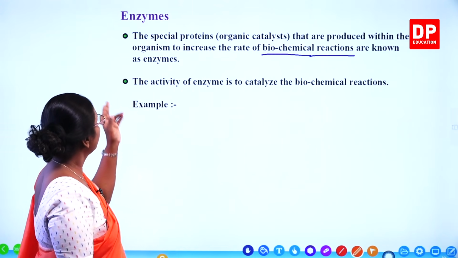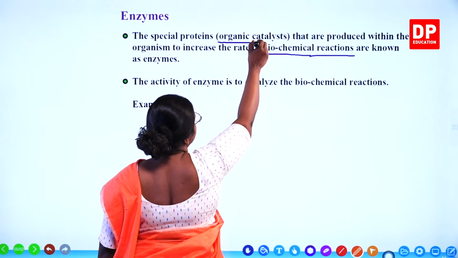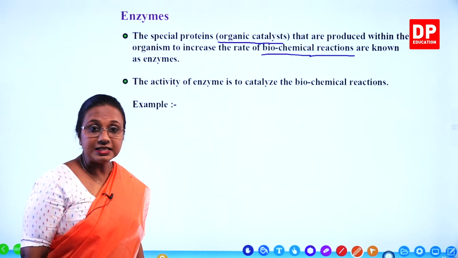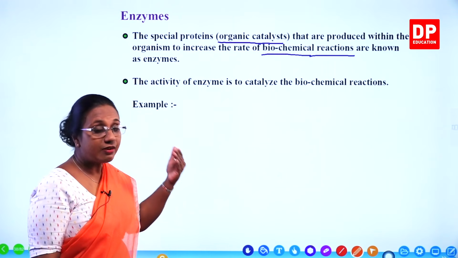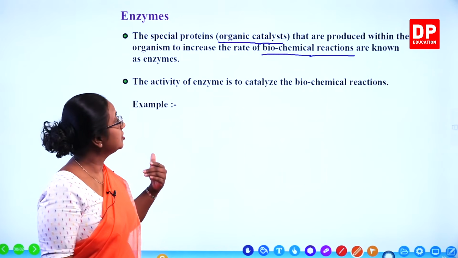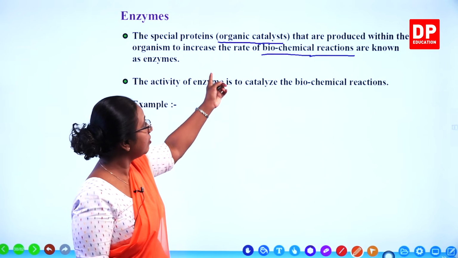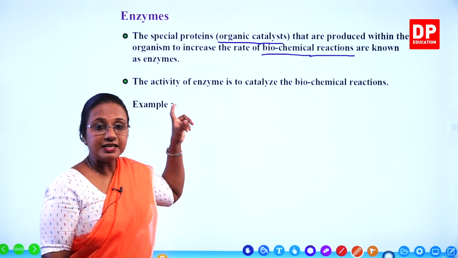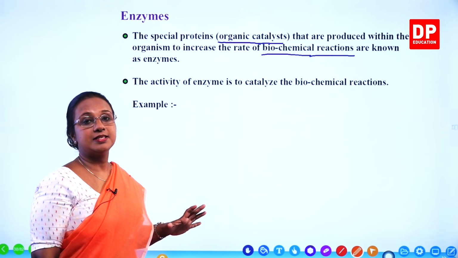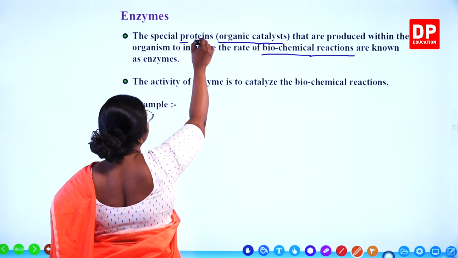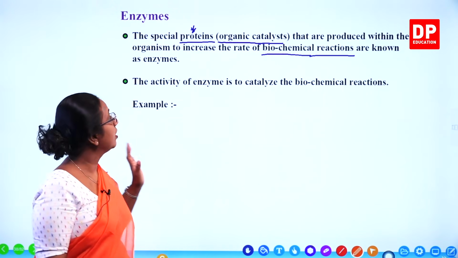So therefore, we need a special substance. This is an organic substance and that is called a catalyst. So the substance that increases the rate of reactions is called a catalyst. So here it is an organic compound that is a catalyst and it is given the special name enzyme. And all the enzymes are made up of proteins. This is important. All enzymes are made up of proteins.